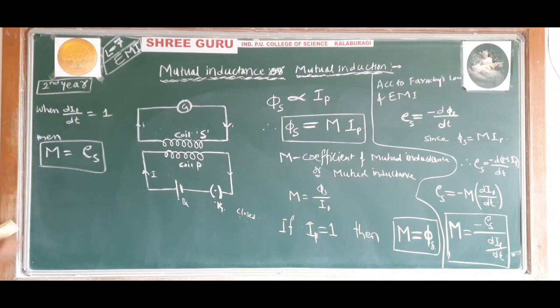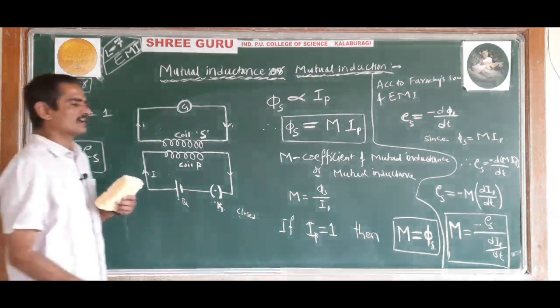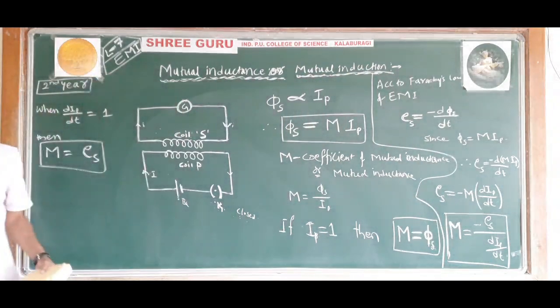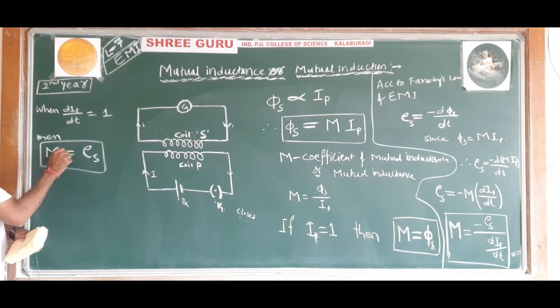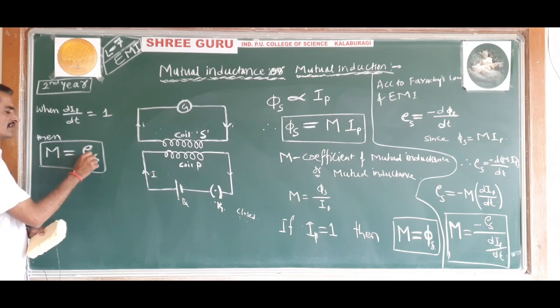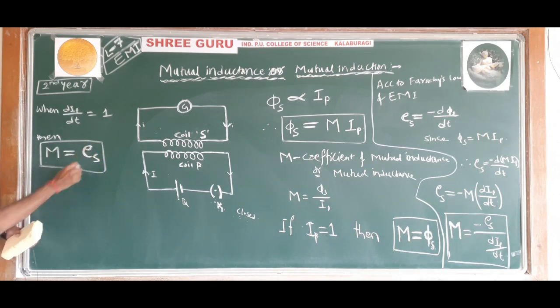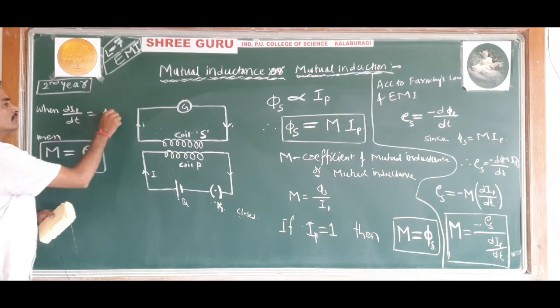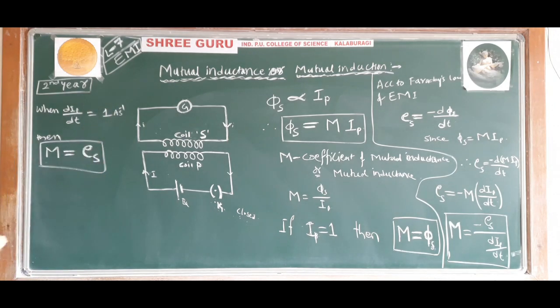Now define once again mutual inductance, or coefficient of mutual inductance. The coefficient of mutual inductance is numerically equal to the induced EMF in the secondary coil due to unit rate of change of current in the primary coil.